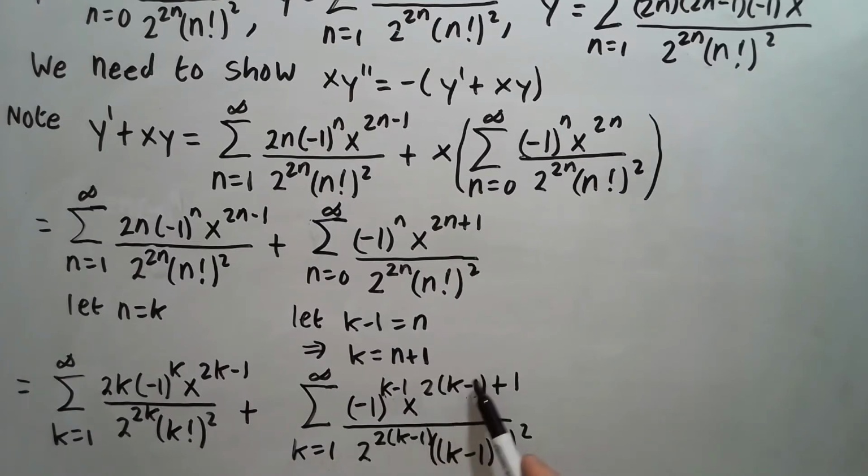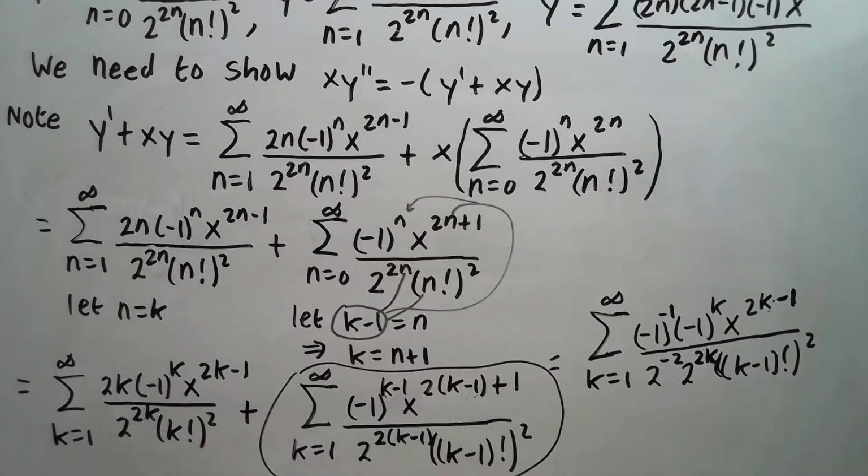When I simplify this here, it's going to end up being x to the 2k minus 1, so these two guys will have the same powers on the x. So let me simplify this a bit here. So doing that, we get... Okay, so simplifying, you got negative 1 to the k times negative 1 to the minus 1, which I have here. Then if you multiply this 2 in, it'll be 2 to the k minus 2 plus 1, so it'll be 2k minus 1.